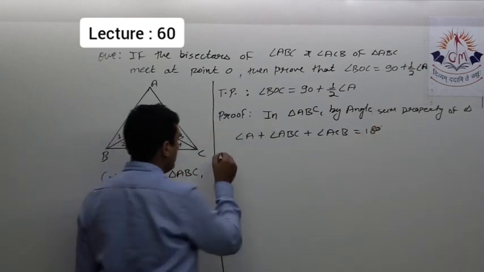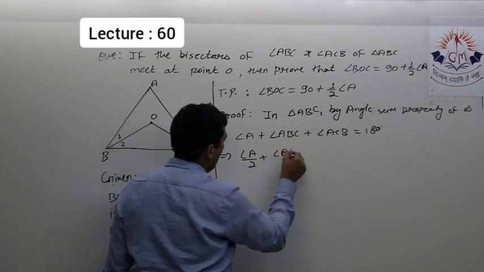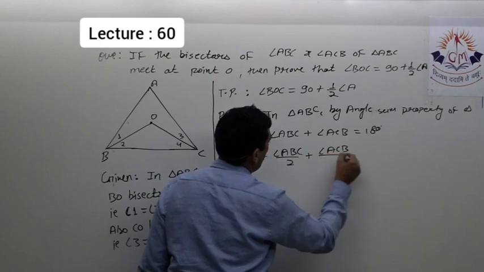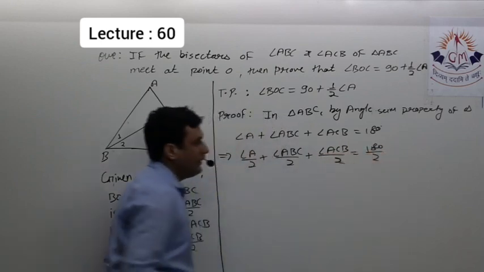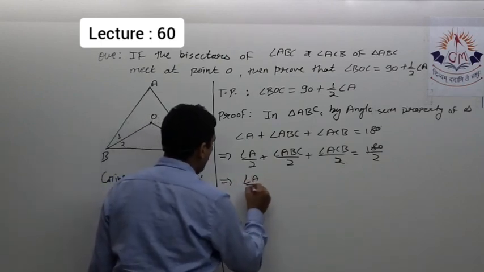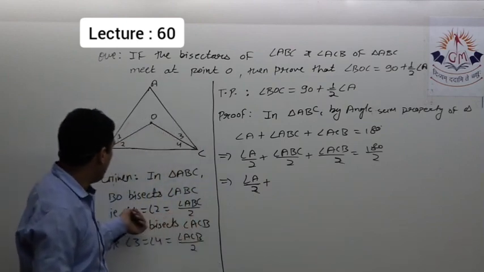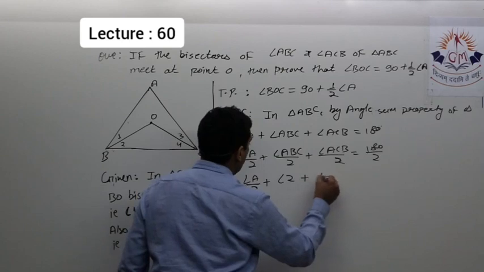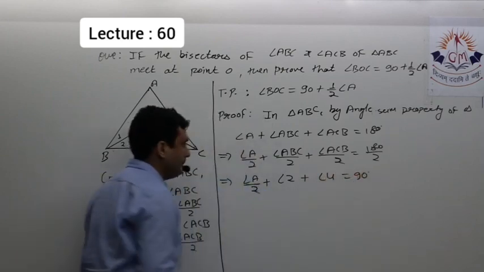Okay, so therefore I can write angle A by 2 plus angle ABC by 2 plus angle ACB upon 2 is equal to 180 by 2. Throughout I divided by 2. So angle A by 2 plus, now angle ABC by 2 I can write either angle 1 or angle 2. So here I am writing angle 2 and here I am writing angle 4 is equal to 90.